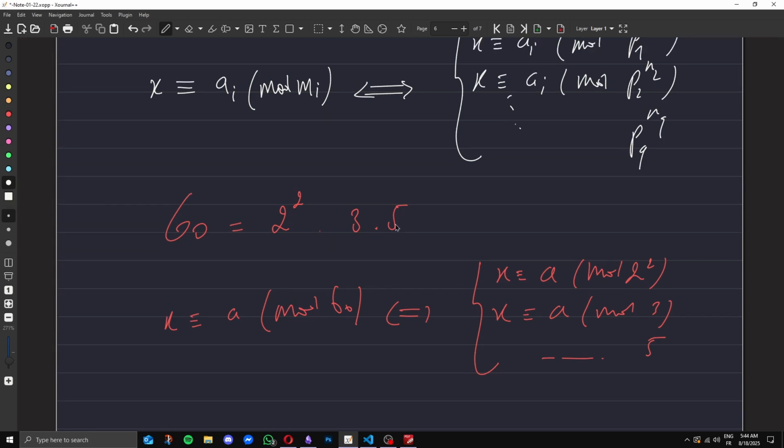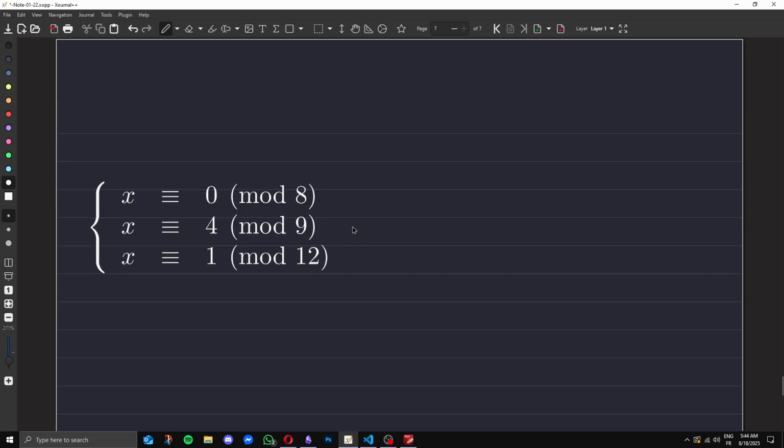Essentially, what this means is that we can transform our original system into a system with only congruencies modulo prime powers. So what we can do is we can go through each of the original congruencies and replace them with their corresponding equivalent prime power congruencies, as we did with 60 here. So I prepared an example here.